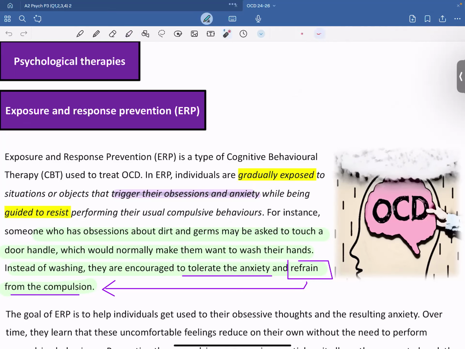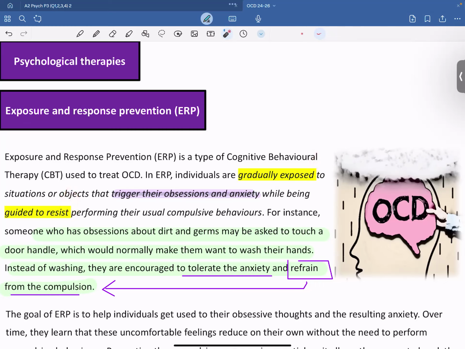So, very simple, help with the exposure while at the same time helping the patient resist the compulsive acts, right? So, gradual exposure and guided resistance are the two key phases that we need to understand over here.